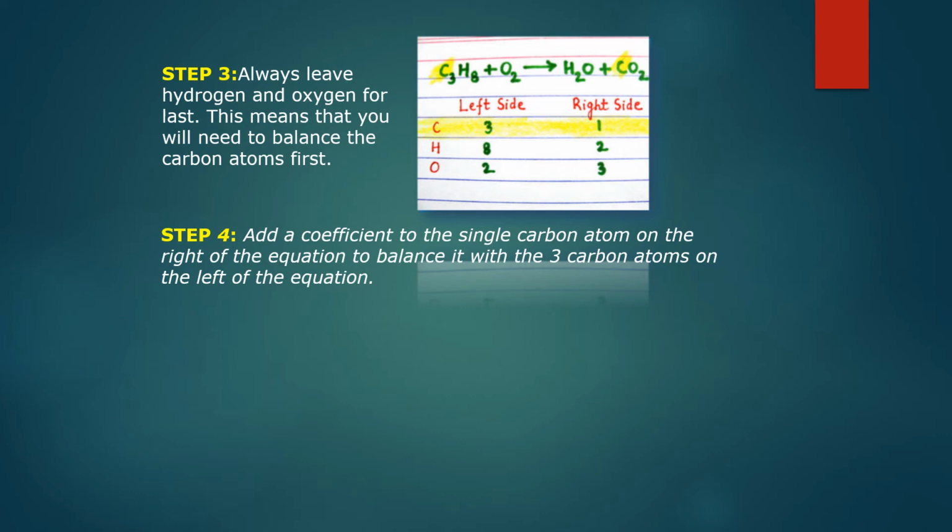A coefficient is a number that you add in front of the carbon. When you write a number in the front position of the carbon, it is called a coefficient. We can never add any number below the atom. That is, we cannot add subscripts to the atom. Whatever number has to be added for balancing has to be written as the coefficient in front of the atom.